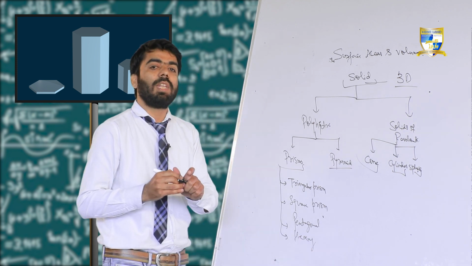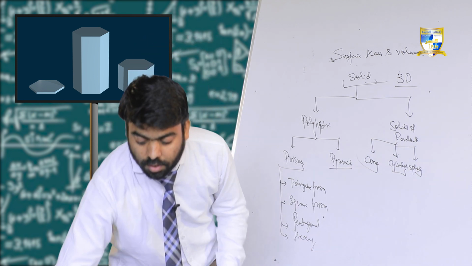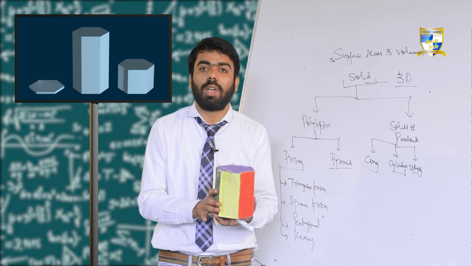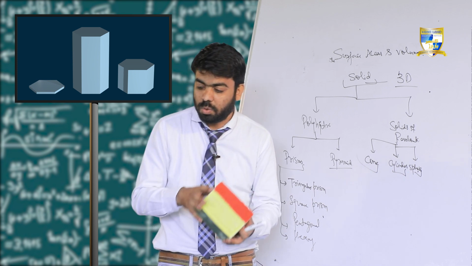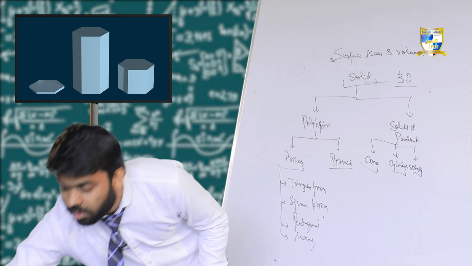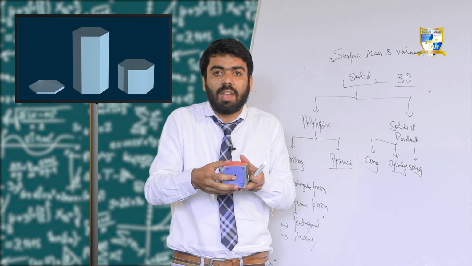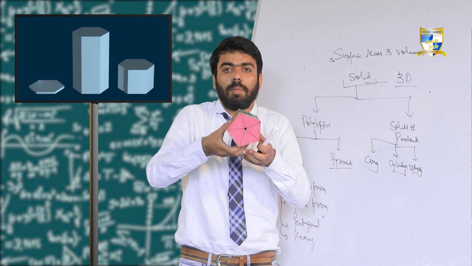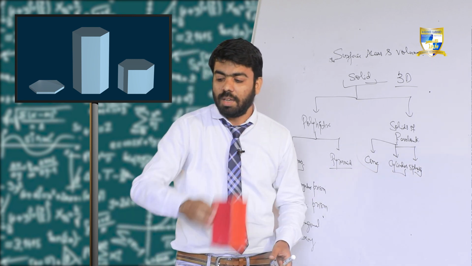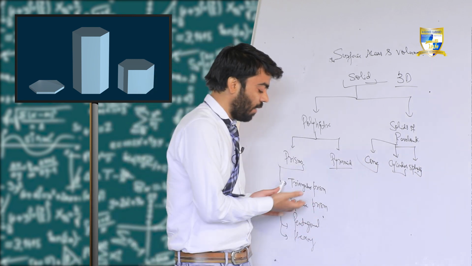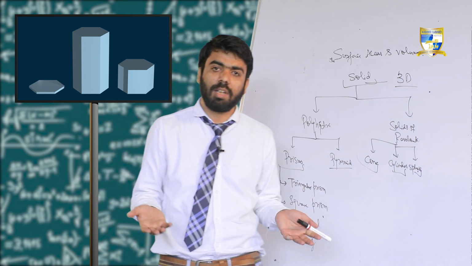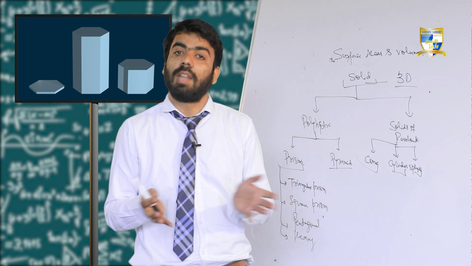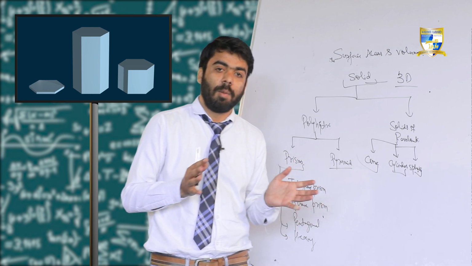It depends upon the number of sides of the base. You have the triangle, known as a triangular prism. You have the square, known as a square prism because the base is square. Then the pentagonal prism, then hexagonal, then heptagonal, then octagonal, then nonagonal, and then a decagonal prism.